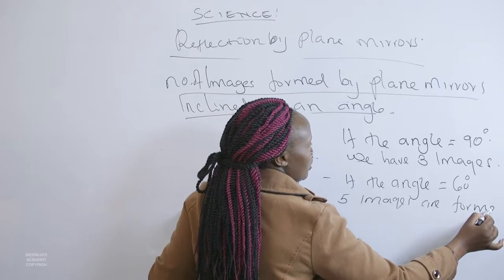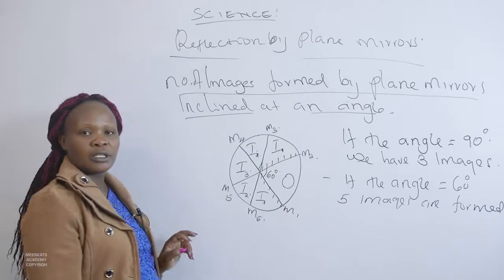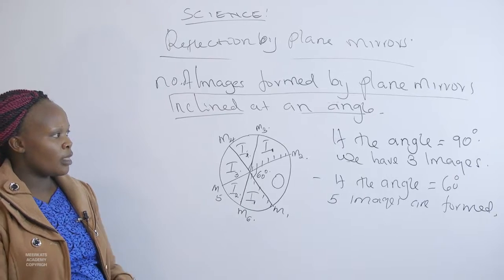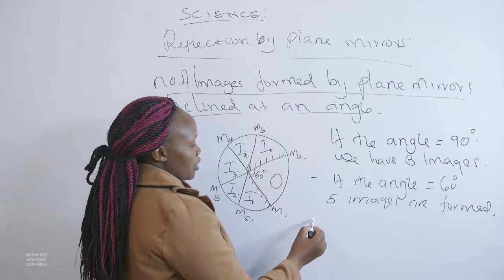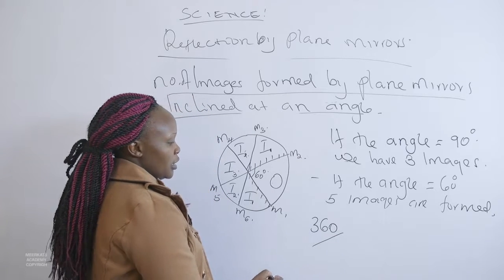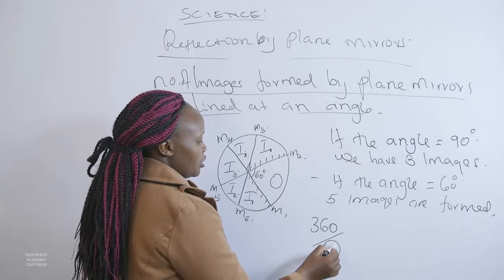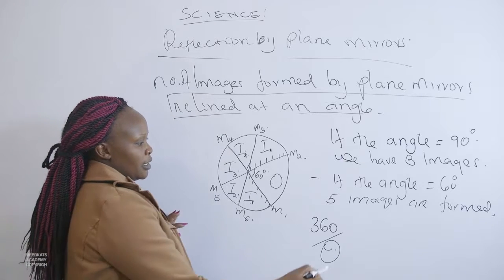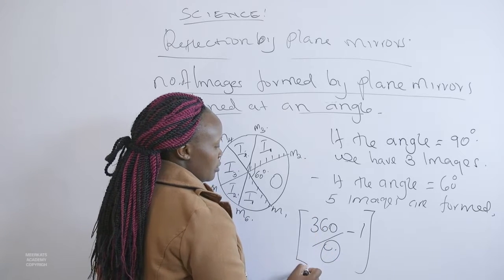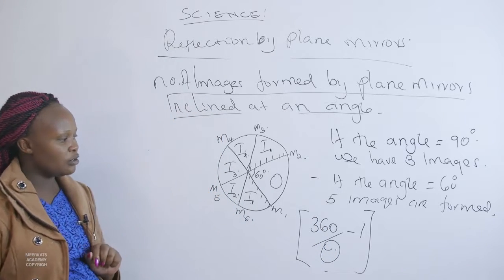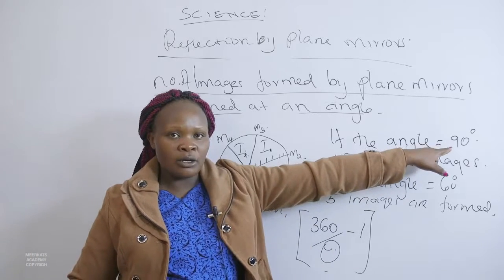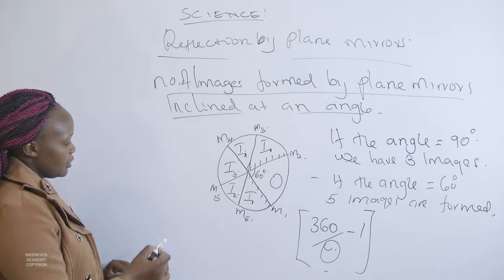Now, I want us to think about a relationship: 360 over the angle of inclination minus 1. We think of that relationship. In our first case, we had our angle of inclination as 90 degrees.